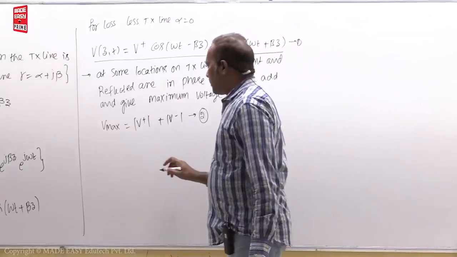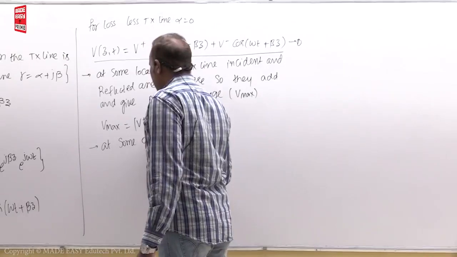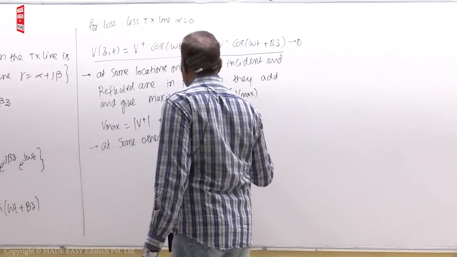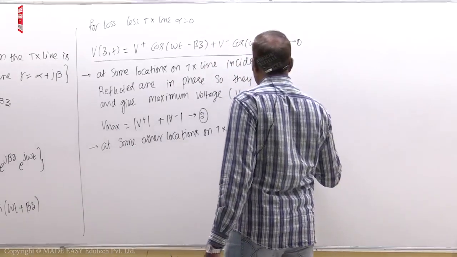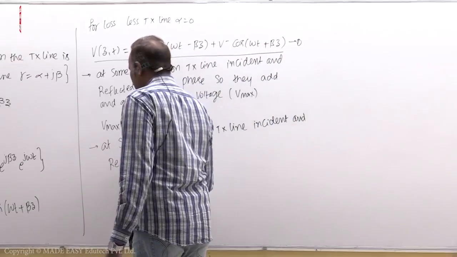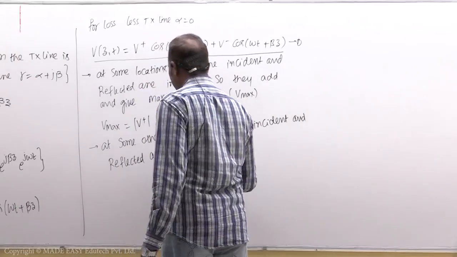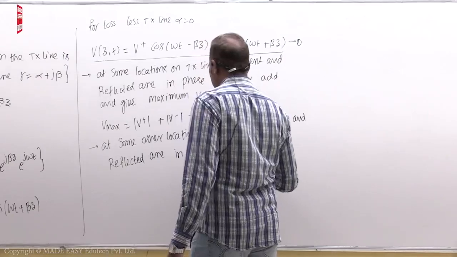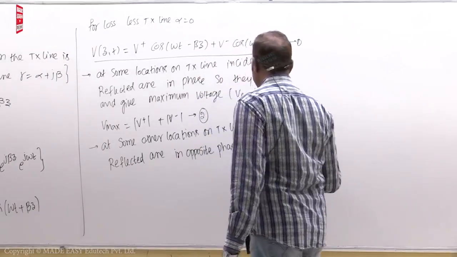Okay. Now at some other locations on the transmission line, incident and reflected waves are in opposite phase, that is plus or minus pi.